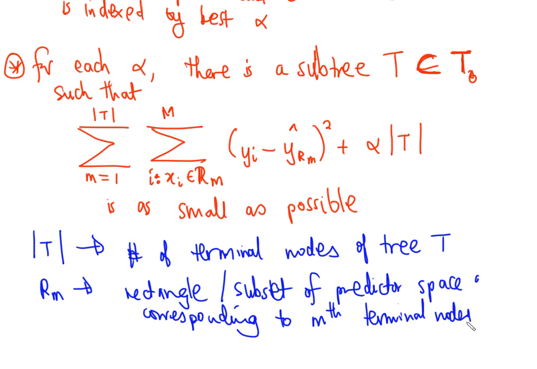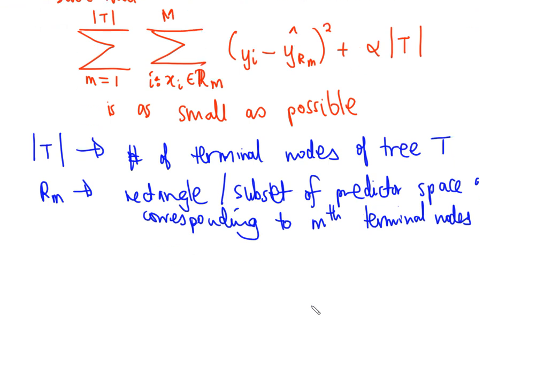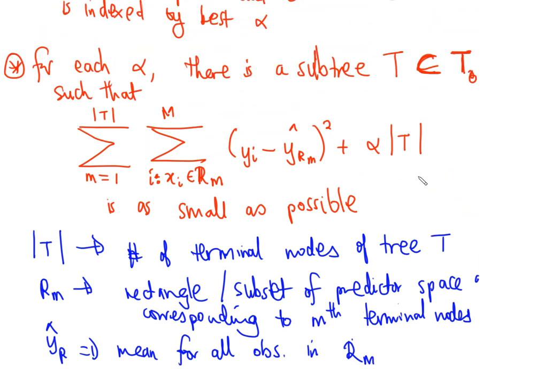And this is just the mean for all observations in Rm, in that rectangle in Rm, right? So basically, these are the number of terminal nodes.